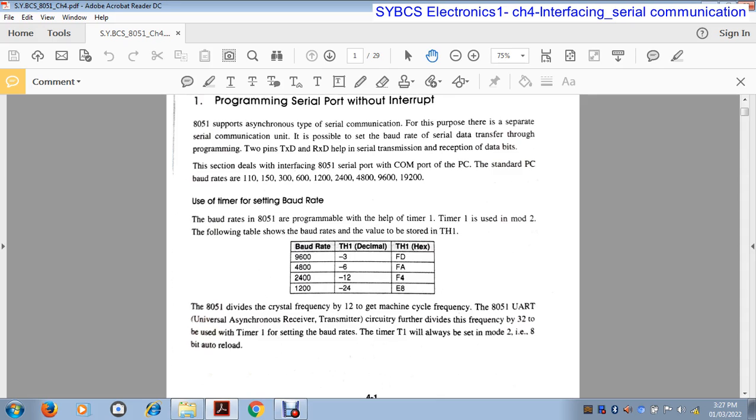Here a table is given which represents different baud rates and the value to be loaded in the TH1 register. We know that the TH1 register is the higher byte of timer 1. If the baud rate is 9600, then we put the value -3 in the TH1 register. -3 is in decimal, and in hexadecimal -3 is represented as FD.